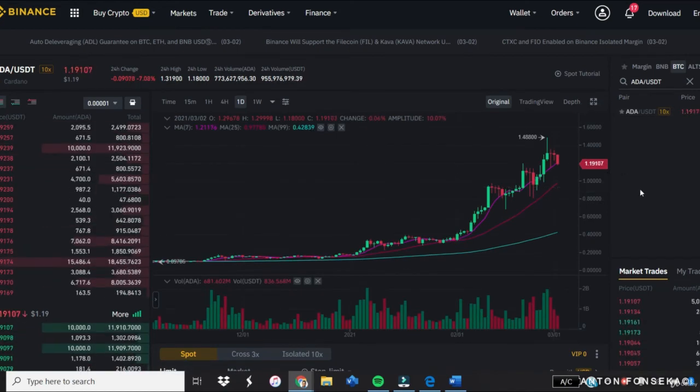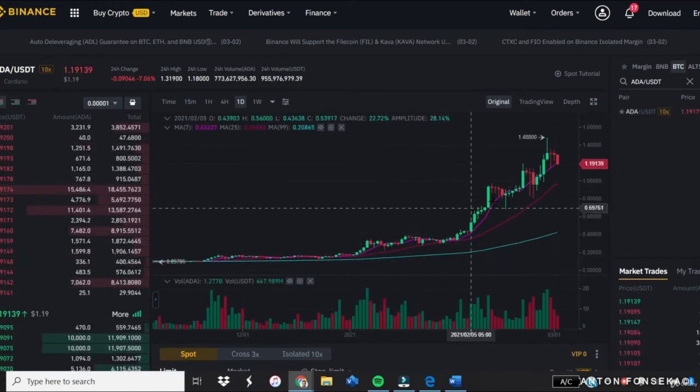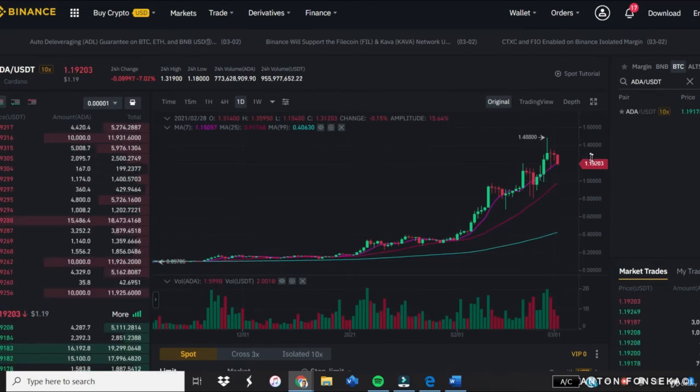Good. By the look of it, it is increasing, right? If you see the trend, it's increasing. But right now it's in a red tag, which means the price is a bit downwards. But in a few seconds, this can go up as well.